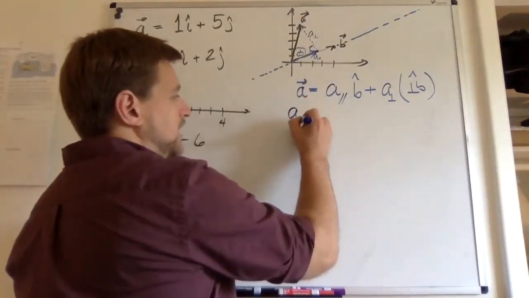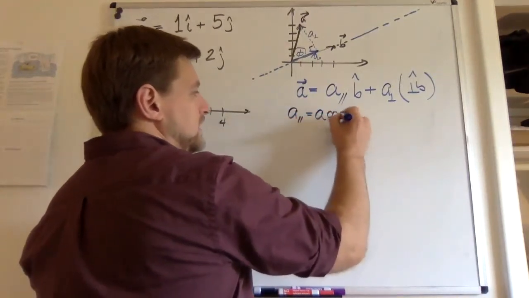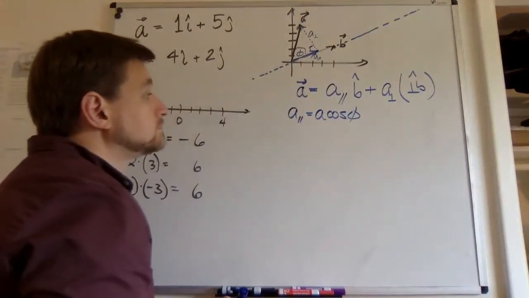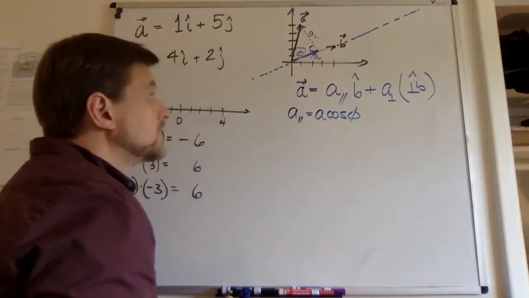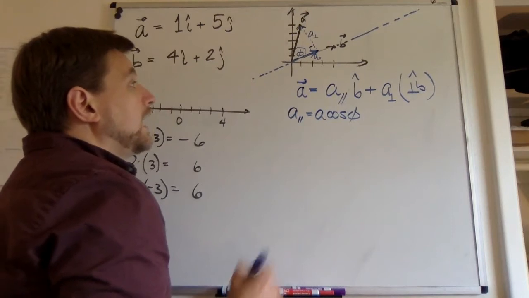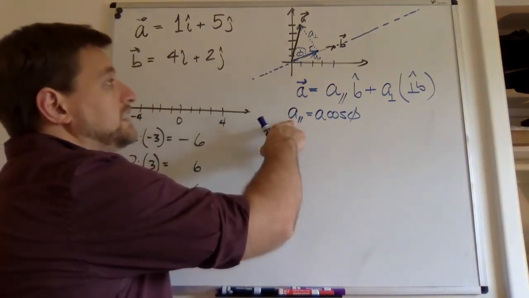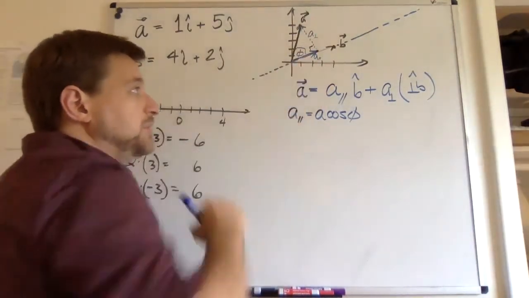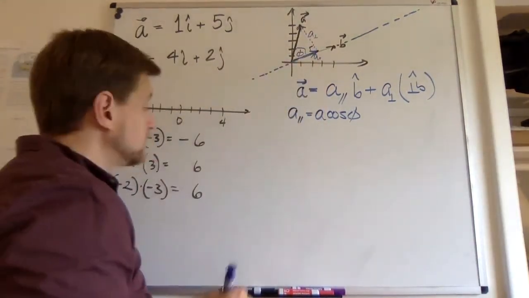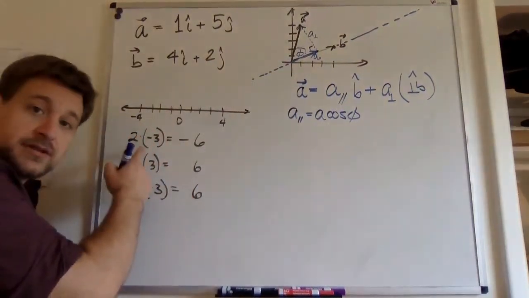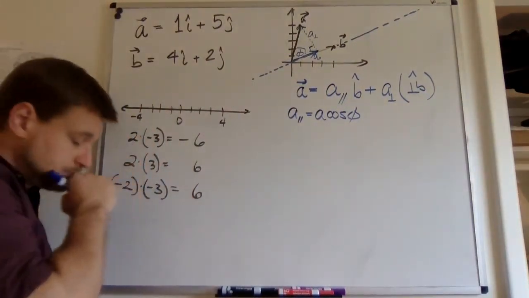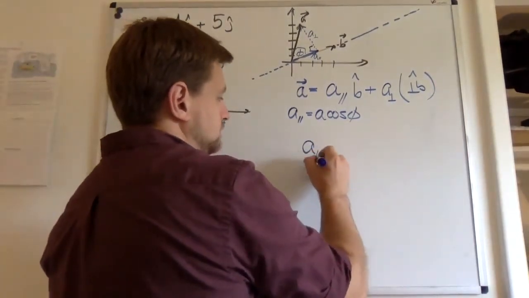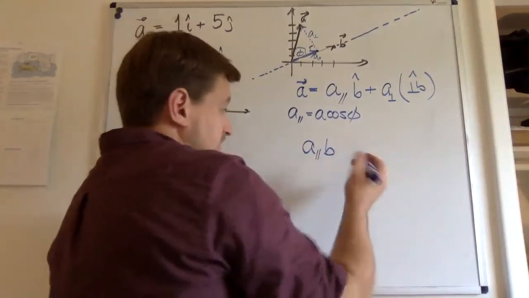So A parallel we can get from cosine. A parallel is a directed quantity along the number line of B. We know how to multiply those. We can just multiply.